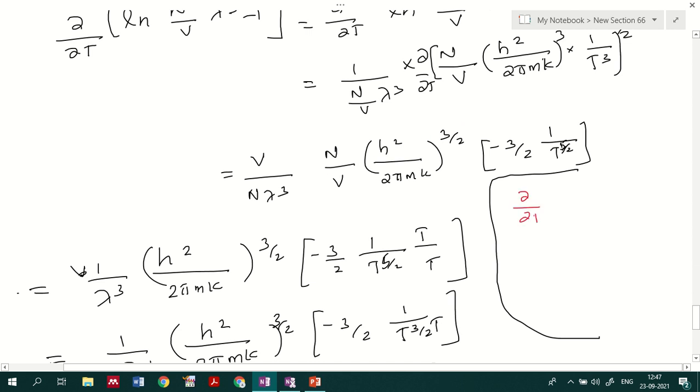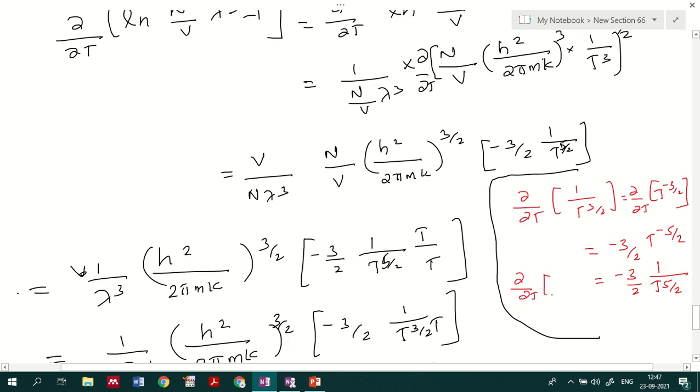So dou by dou t of 1 by t raised to 3 by 2 is equal to dou by dou t of t raised to minus 3 by 2. So when you do that, what you will be getting is minus 3 by 2 into t raised to minus 5 by 2, that is equal to minus 3 by 2 into 1 by t raised to 5 by 2. So this is our dou by dou t of 1 by t raised to 3 by 2.